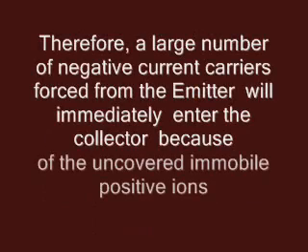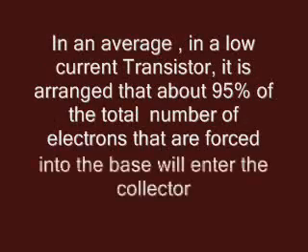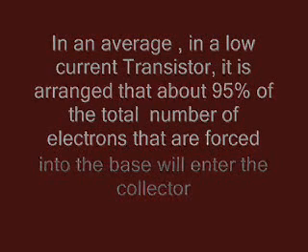Therefore, a large number of negative current carriers forced from the emitter will immediately enter the collector because of the uncovered immobile positive ions. On average, in a low current transistor, it is arranged that about 95% of the total number of electrons that are forced into the base will enter the collector.